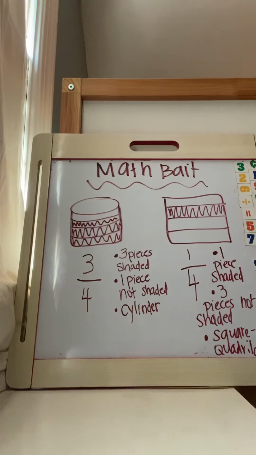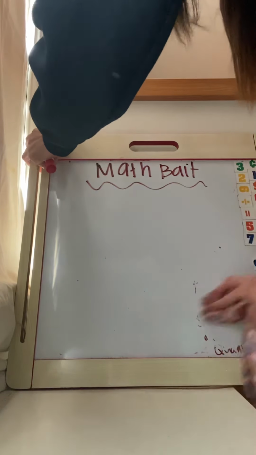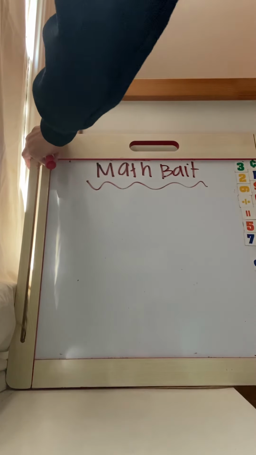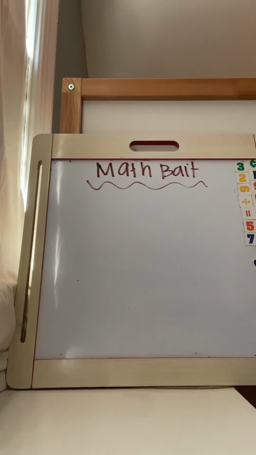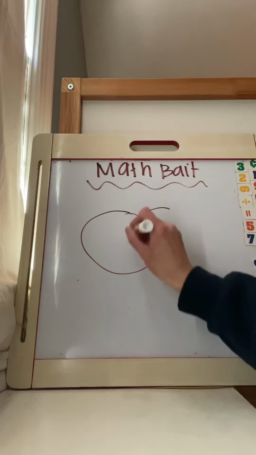Okay, so I'm going to erase this, and now we're going to talk about how these pieces are the same and how they are different using a Venn diagram. You guys have that square, but I'm going to do a Venn diagram because we haven't been able to do that one in a while.